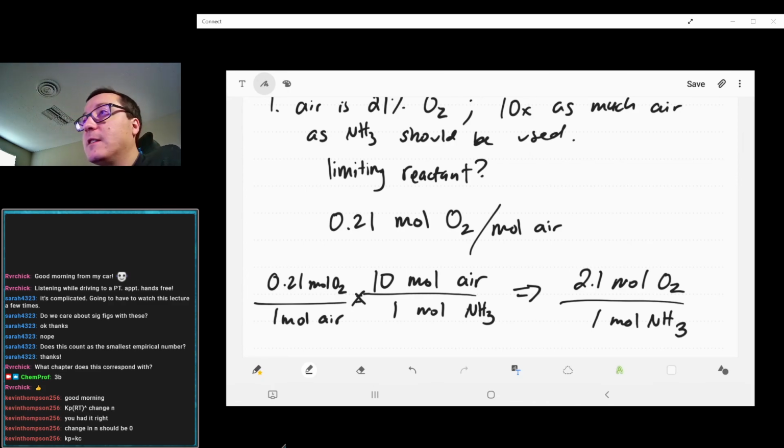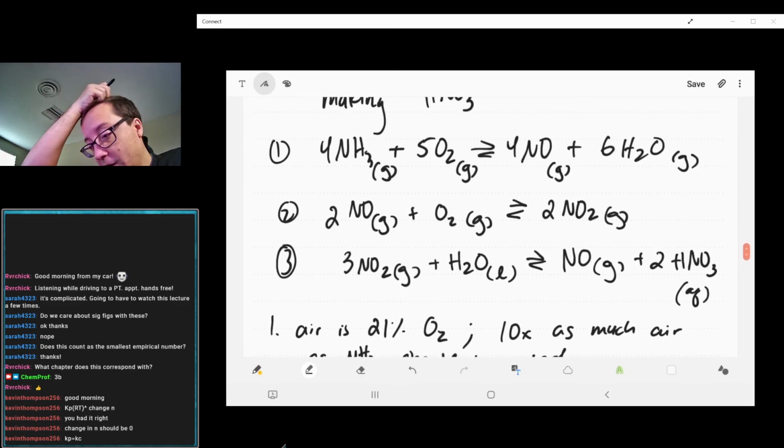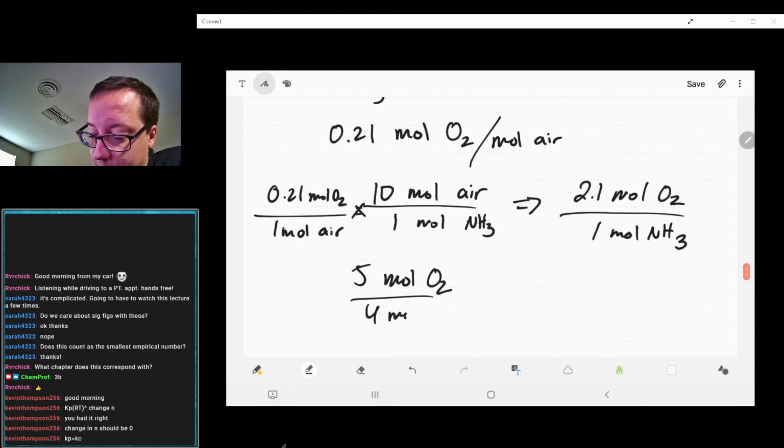How does this tell us about the limiting reactant? Let's think back to stoichiometry times. Let's look up at our reaction here. In our stoichiometric coefficients, we should be using 5 moles of oxygen for every 4 moles of ammonia. So let's evaluate that one. What is 5 moles of oxygen for 4 moles of ammonia? Let's just reduce this.